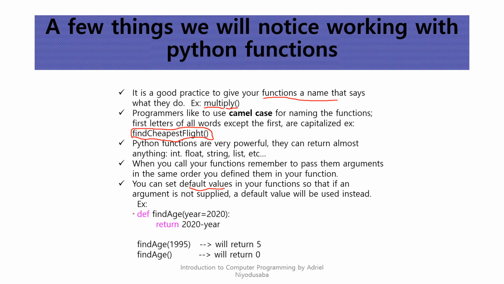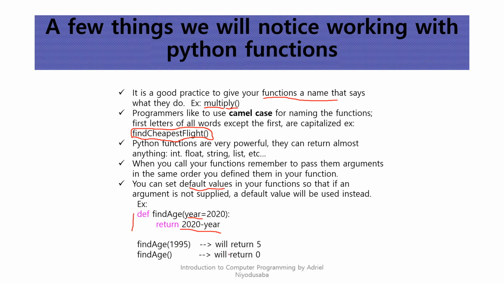Take this function for example, it's called findAge, again a good name. It receives the year in which a person was born, and it returns their age by taking the current year, 2020, minus the year they gave us. Now, if you don't put in anything, it will by default assume the year to be 2020, and it will return 2020 minus 2020, which will be 0.